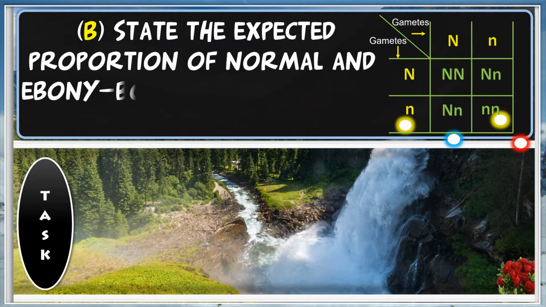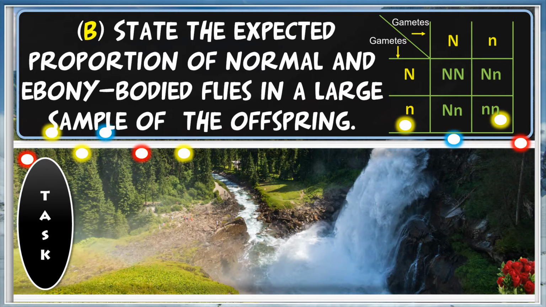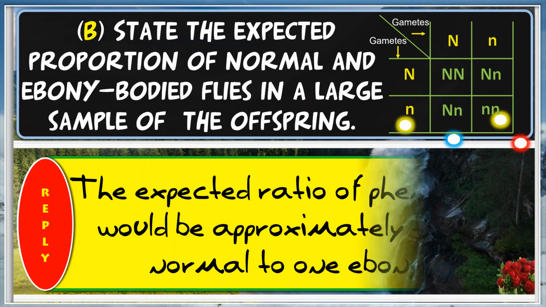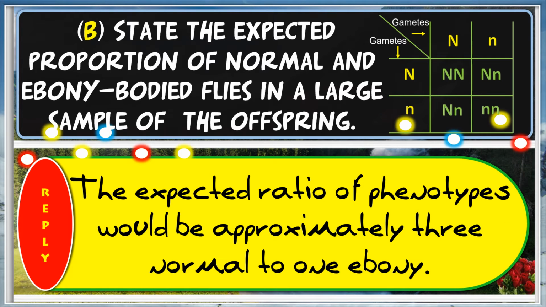Part B. State the expected proportion of normal and ebony-bodied flies in a large sample of offspring. The expected ratio of phenotypes would be approximately 3 normal to 1 aberrant.